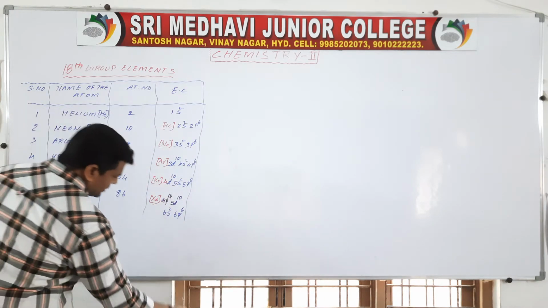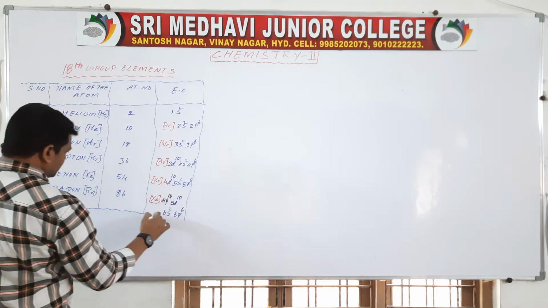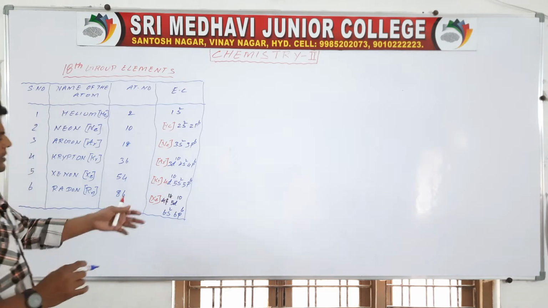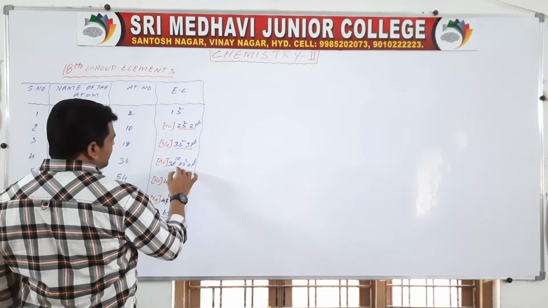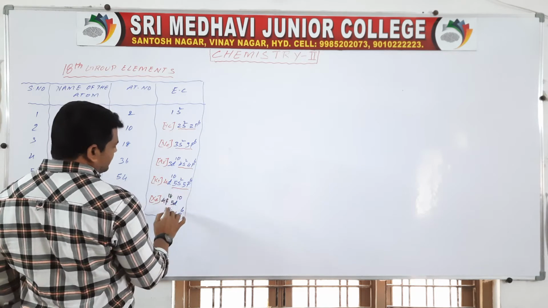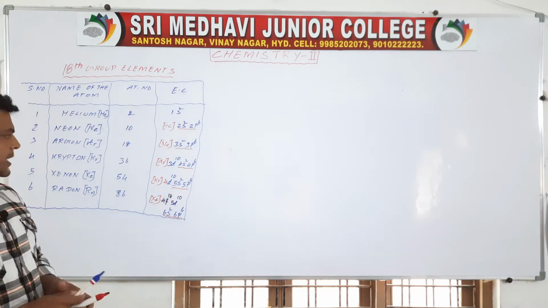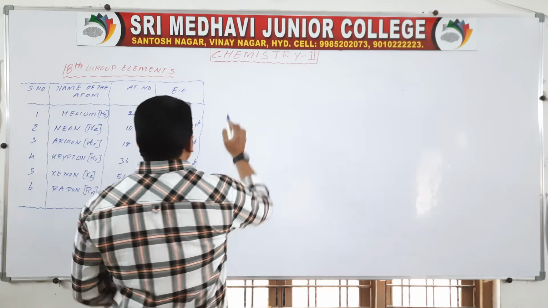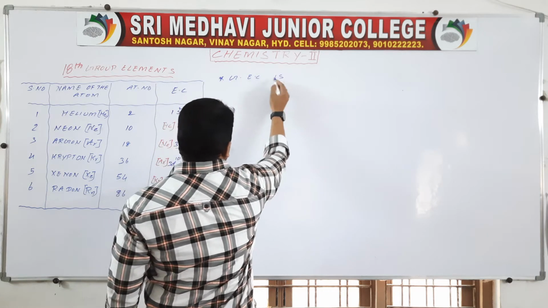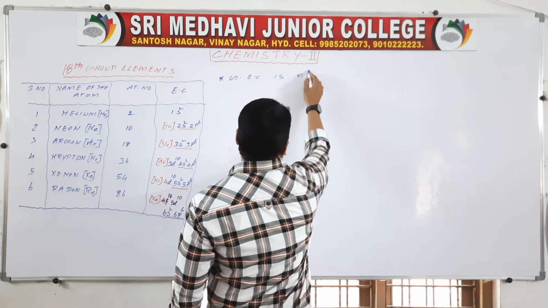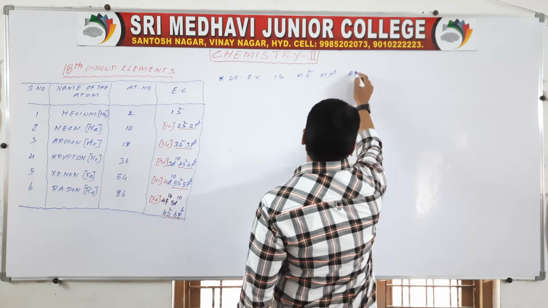Okay, see now, we may close this table like this. If you see 2s2 2p6, 3s2 3p6, 4s2 4p6, 5s2 5p6 and 6s2 6p6, the general electronic configuration is ns2 np6, except helium.